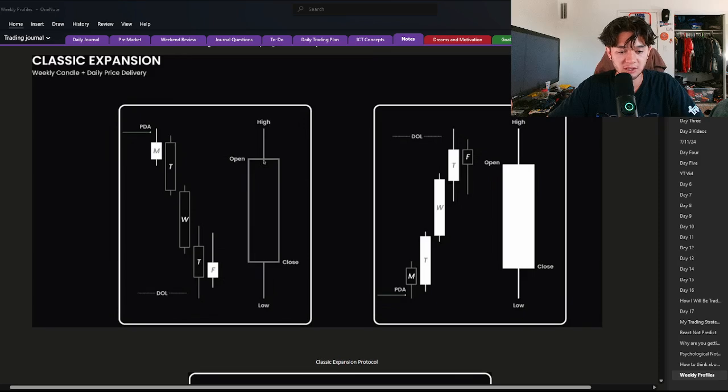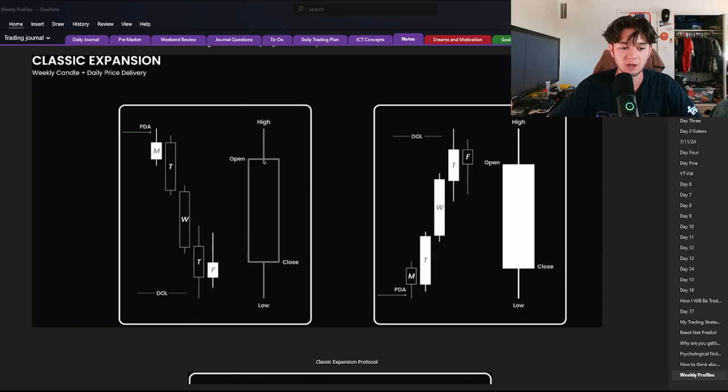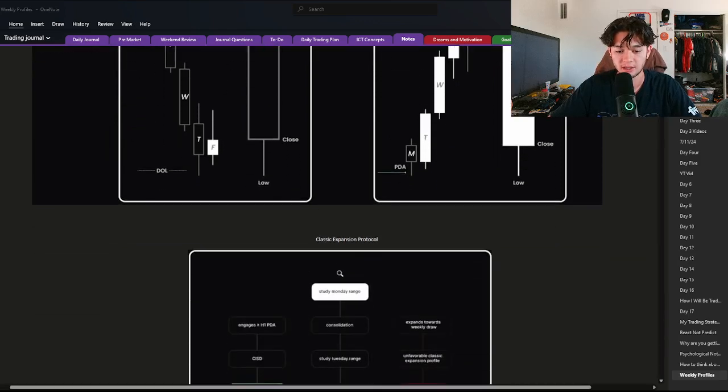This is what the weekly candle will look like. We'll have Monday accumulation, expansion, possible expansion on Tuesday, Wednesday, or we'll have a Monday up close candle, Tuesday high, expansion, and then that Friday pushes back into the range.